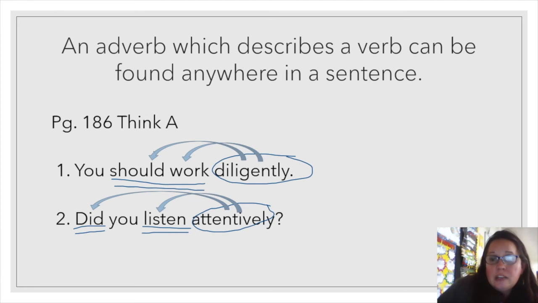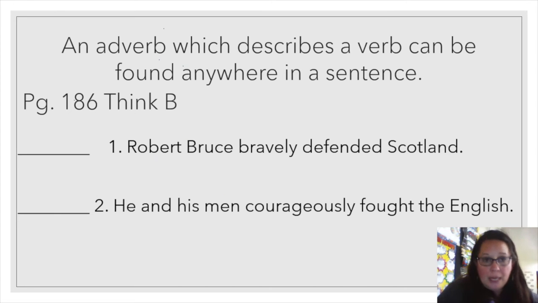Now let's look at section B, Think B. And the directions say underline each adverb. In the blank, write the verb or verb phrase that the adverb describes. So here we go. We're going to look for the adverb, and it is bravely. Now, what is it defending? If we were doing the other section, we would be drawing arrows, but in this case, they just want us to write the word.